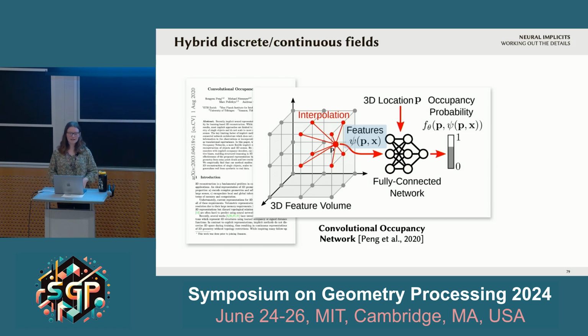The idea here is to learn some spatial features at grid points. Then instead of having a neural network that just maps from an input spatial point to a scalar, we instead have a neural network that takes both the spatial point and some features that we interpolate from this grid, and from that, it predicts the scalar. This gives the network some way to use this locality.